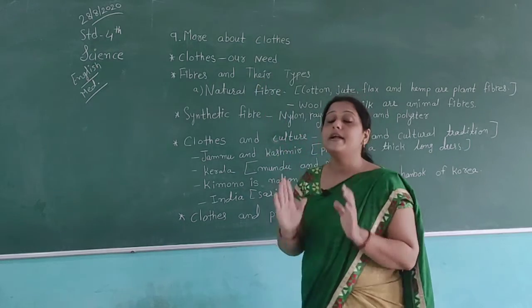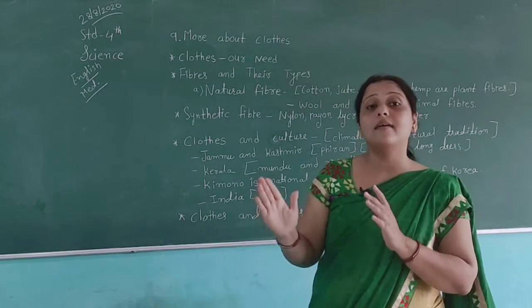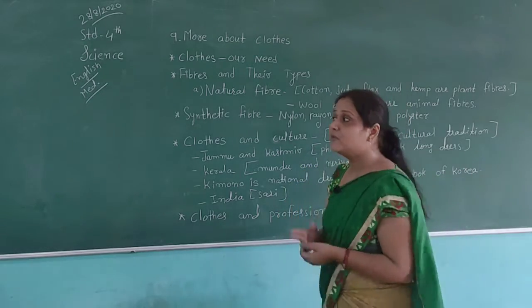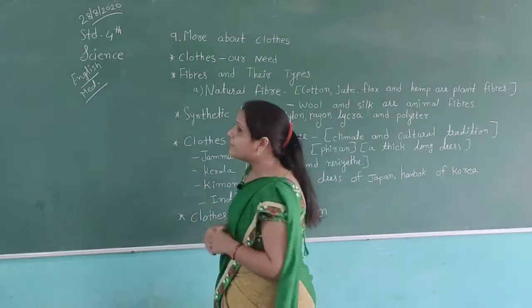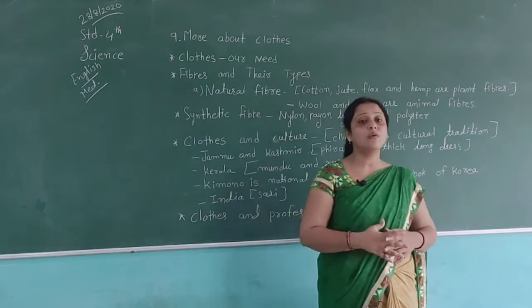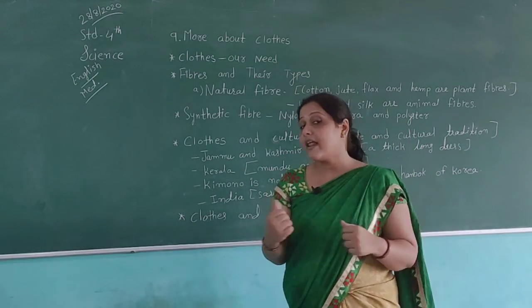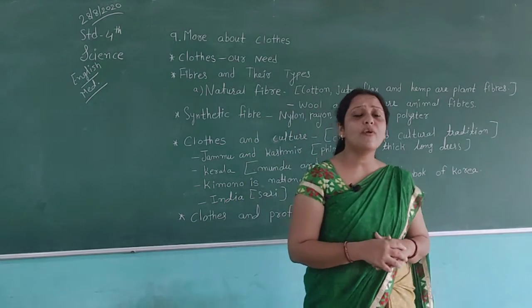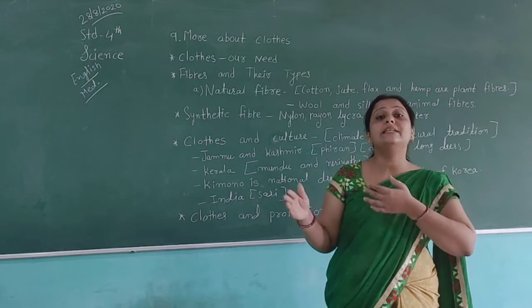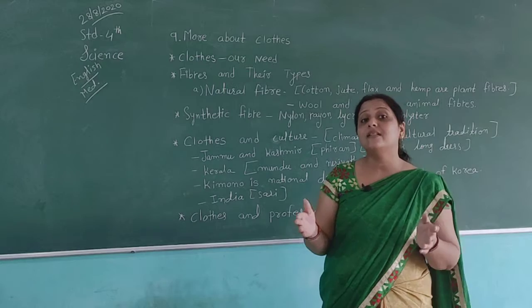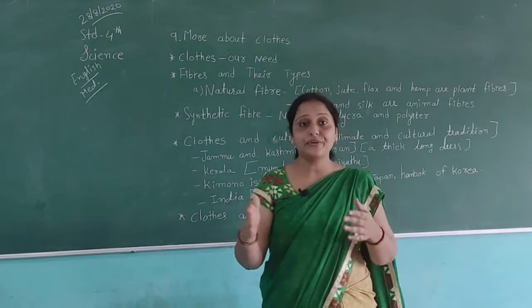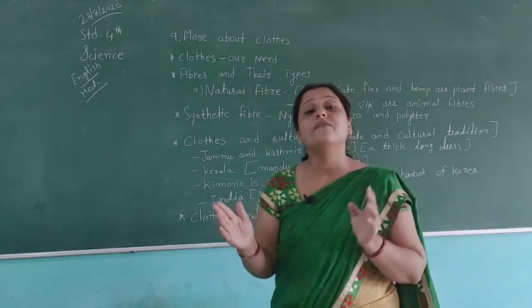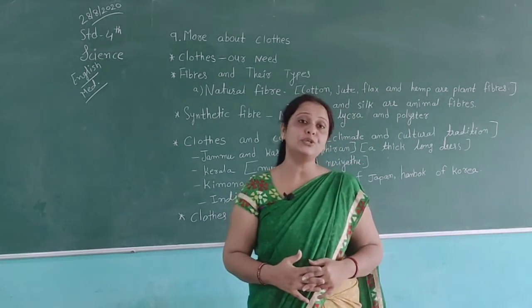Clothes are our need. As I said to you, our life is not possible without food, because if we want to do any kind of work, then we need energy. And how will we get this energy? We will get this energy from healthy food, because we get all types of nutrients from food, vitamins, minerals, proteins, which are very useful to us.